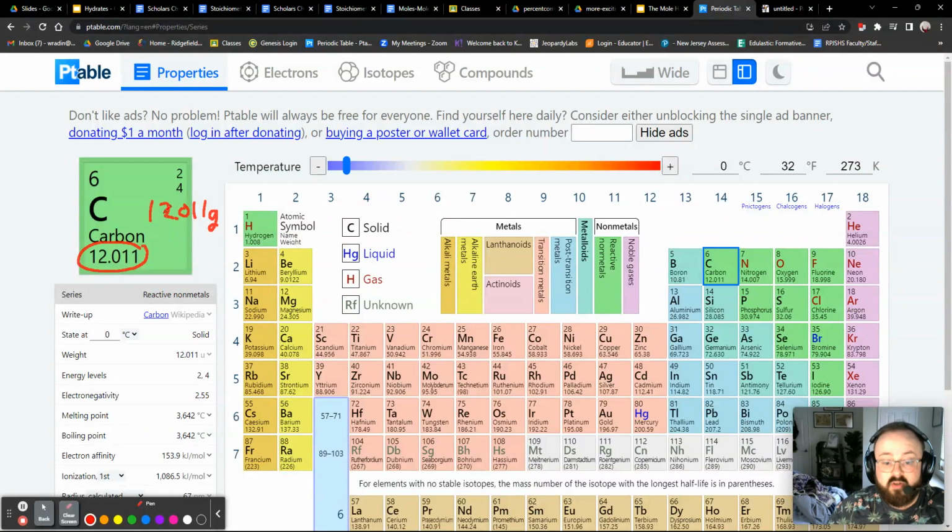Grams, that's something that you put on a scale. You measure out in grams, and we've done this in our lab. We went to a scale or balance, and we measured out 1 gram or 2 grams or something like this. But if I had 12.011 grams of just pure carbon, I would have exactly 1 mole.